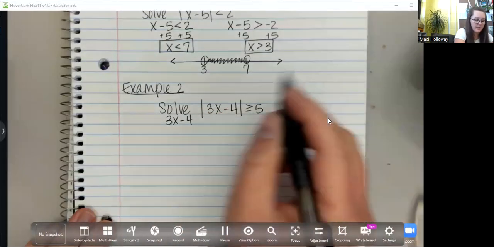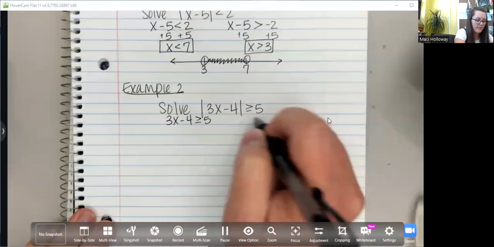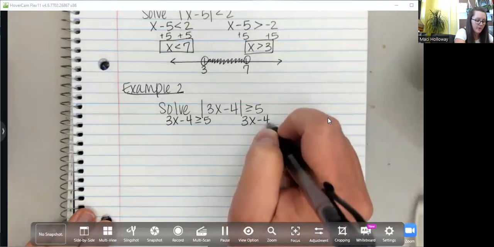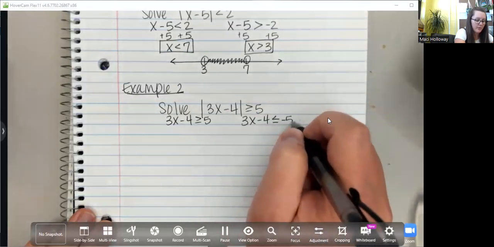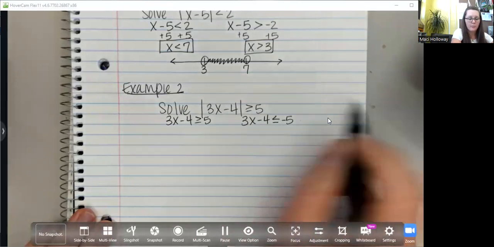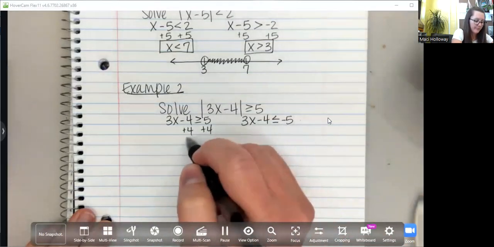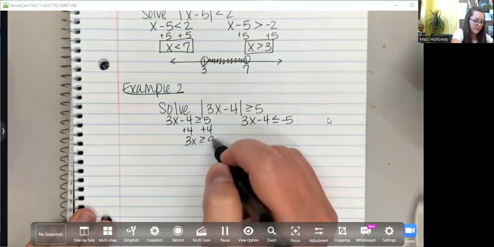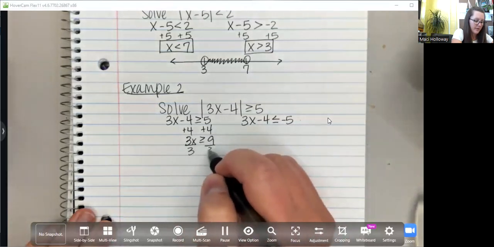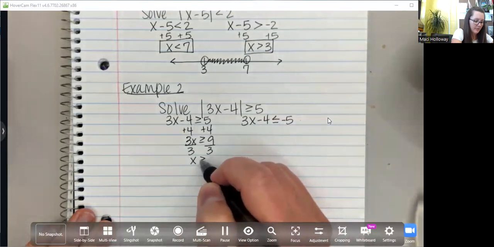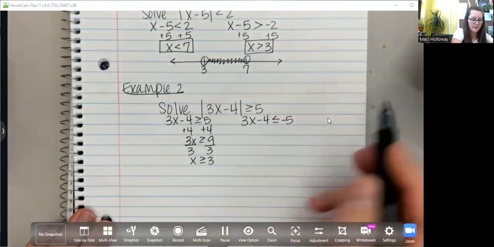So I have 3x minus 4 is greater than or equal to 5. And 3x minus 4 is less than or equal to negative 5. So we'll solve this side first by adding 4. 3x is greater than or equal to 9, and then divide by 3. X is greater than or equal to 3. So that's one answer.